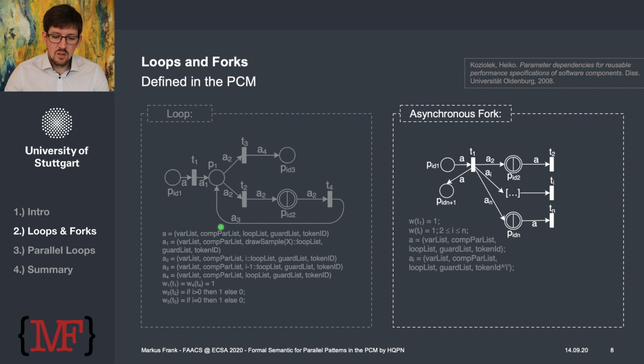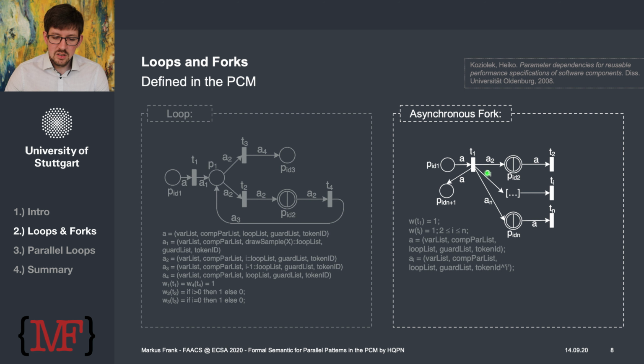So next, let's have a look at asynchronous forks. Asynchronous forks work a little bit differently, but we again have these 3 parts. The entry point here, the exit point, and the actual fork body. So the difference to the loop here is that whenever a token is placed in the first place, we immediately return the token to the higher net.